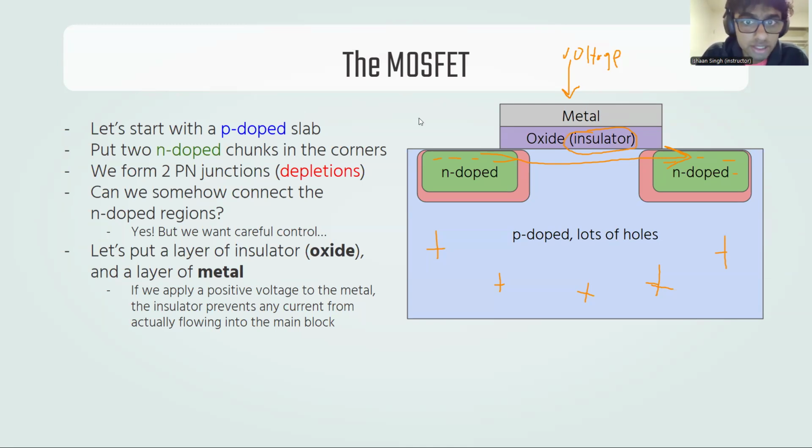Yeah, Naman? So the oxide on the metal would be like the rubber on the wire of our computer charger? Yeah, exactly right.